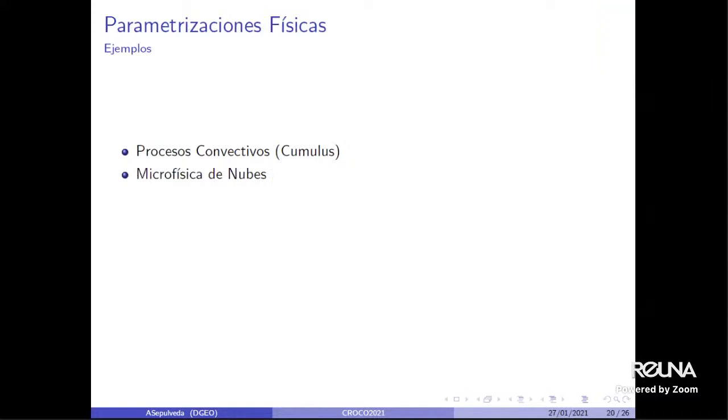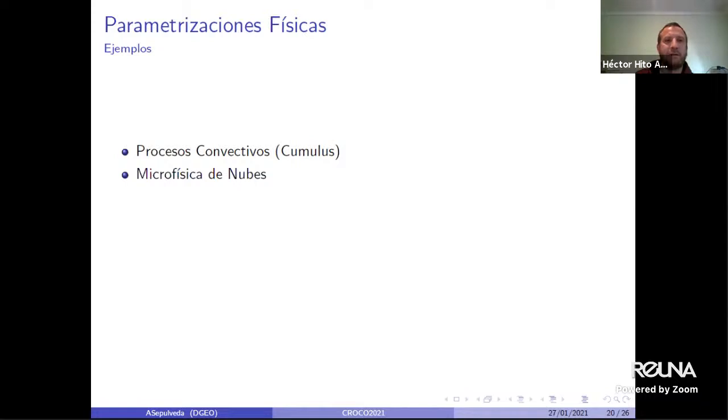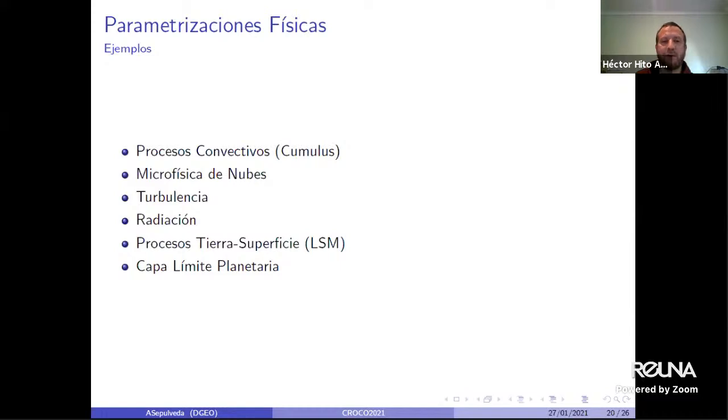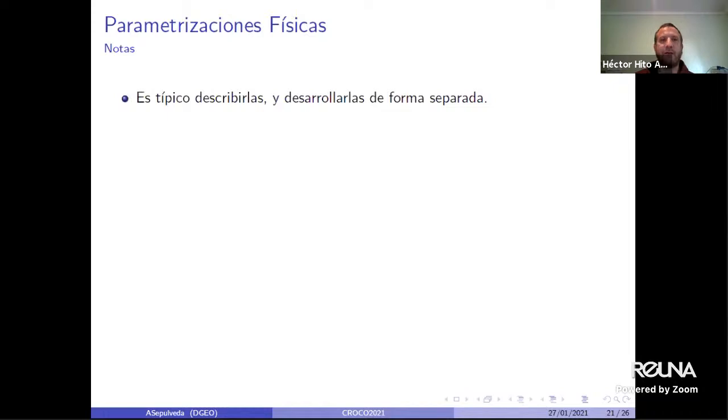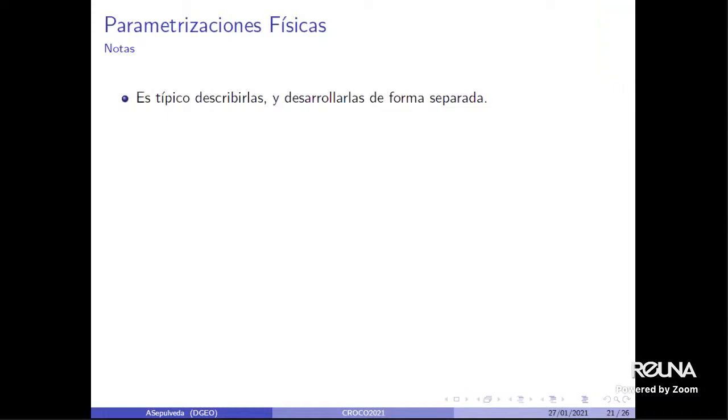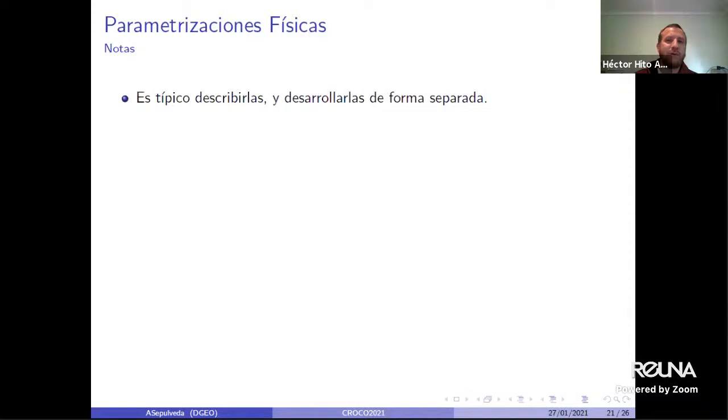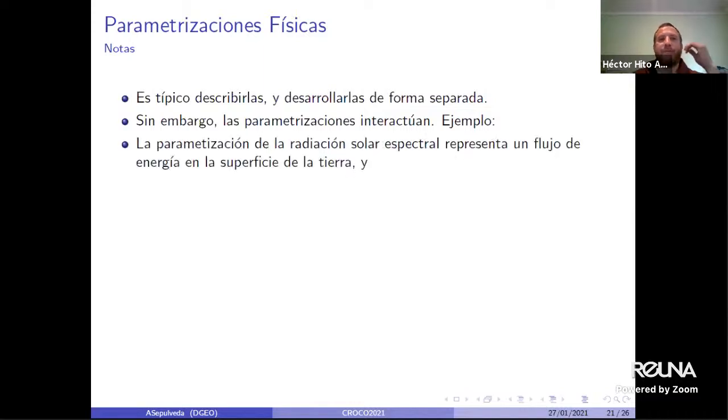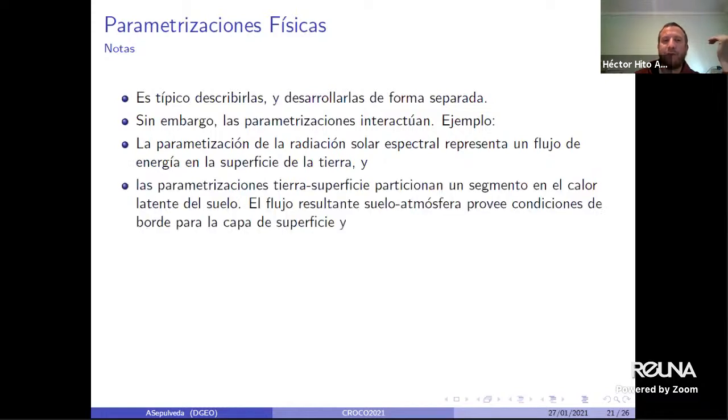Convective processes, cumulus, the microphysics of clouds with turbulence, radiation, the land surface model, the boundary layer. The typical thing that we do with WRF is we just choose them separately, but they are related to each other. For example, the parametrization of solar radiation represents a flux of energy at the surface of the Earth.